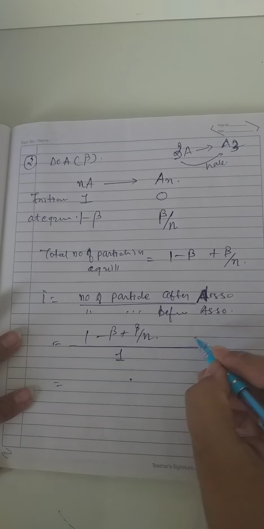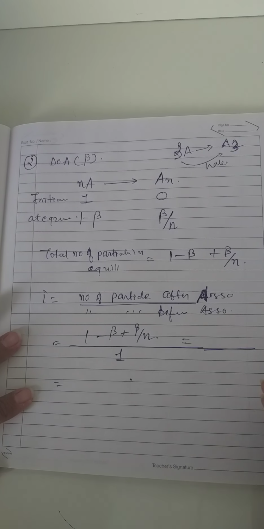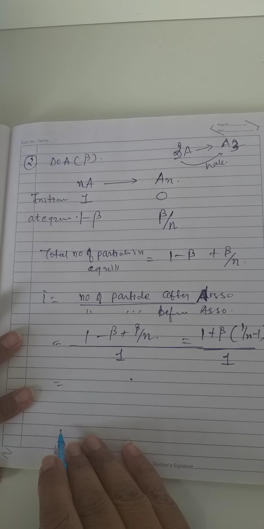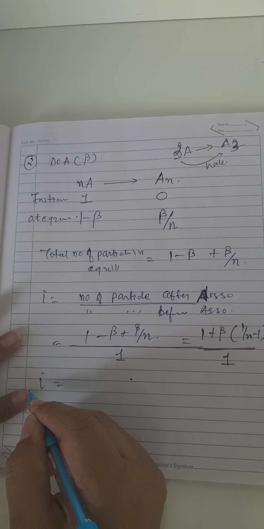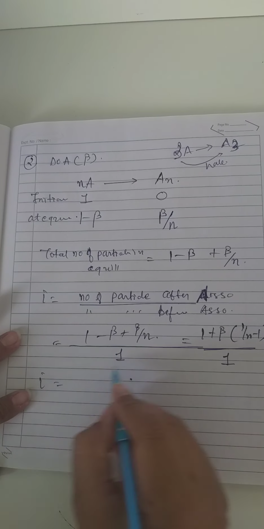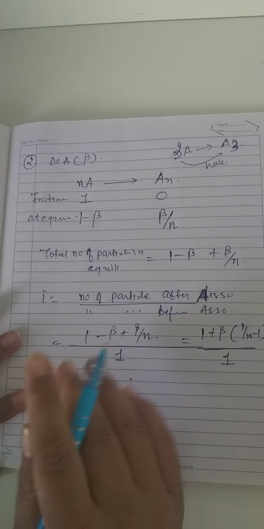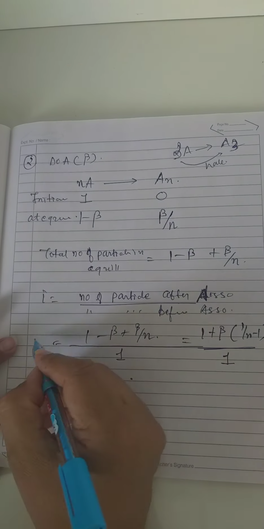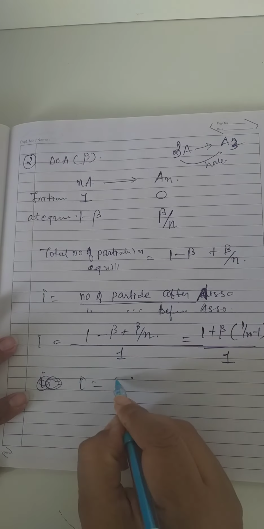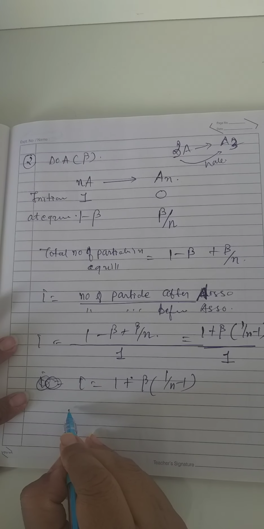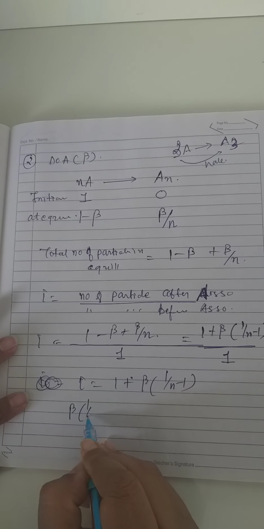Now it is very simple mathematics, nothing else. i is equal to 1 plus beta into 1 upon n minus 1, upon 1. This is the formula, and the mathematics you can do yourself, I think. So i is equal to 1 plus beta into 1 upon n minus 1.